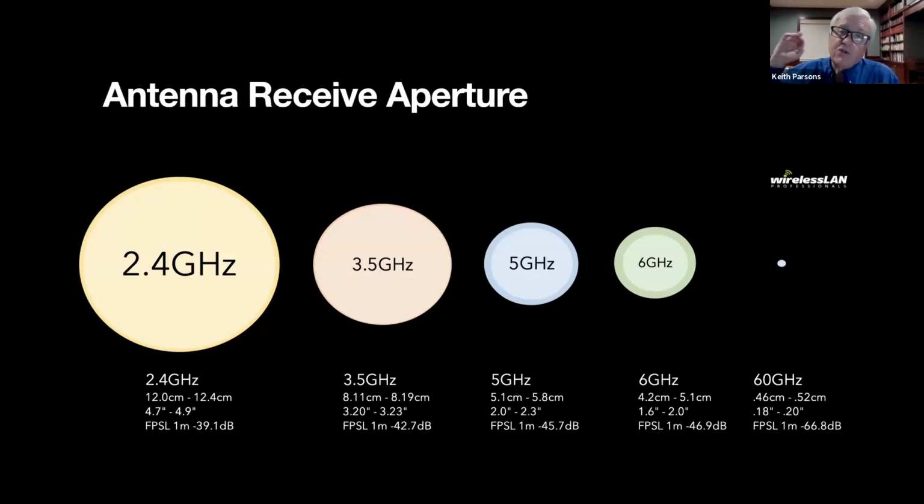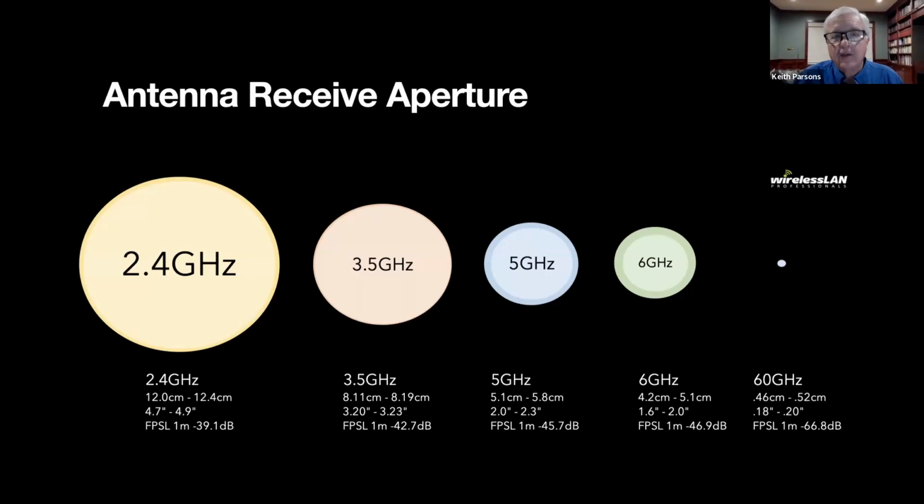They would both hit Jupiter at the same time. And if you wait long enough, they would both hit Alpha Centauri at the same time. They both go the same distance. The difference is because of what you see on the screen. The 5 gig antenna is tuned to a smaller aperture, so it receives less energy than the 2.4. So it's on the receive side that there's a differentiation.